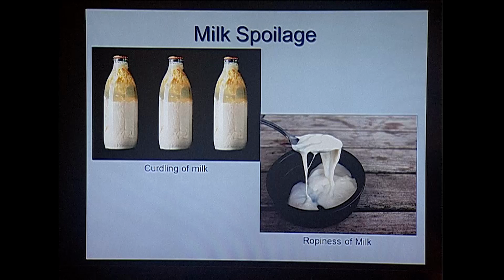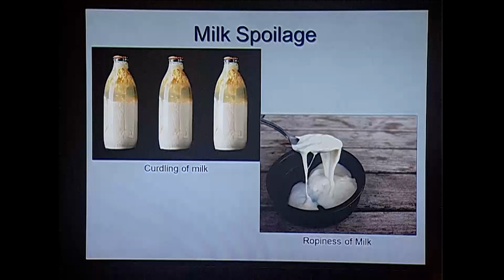Here in this slide, we can see two distinct types of milk spoilage. One is the curdling of milk and the other is ropiness of milk. Often we find that the milk pouches which we buy from the market, if they are a few days old, sometimes on heating these old milk pouches, there is curdling of milk.